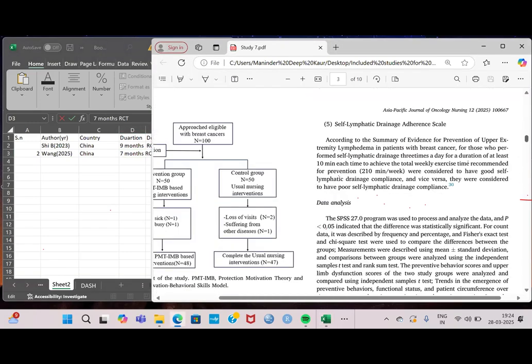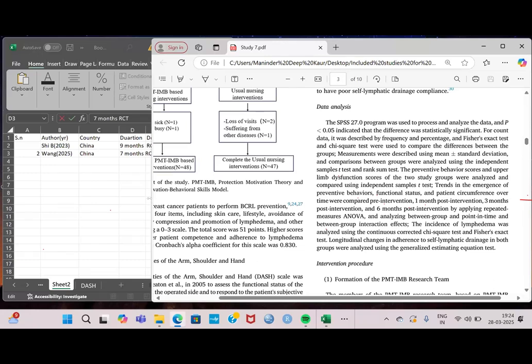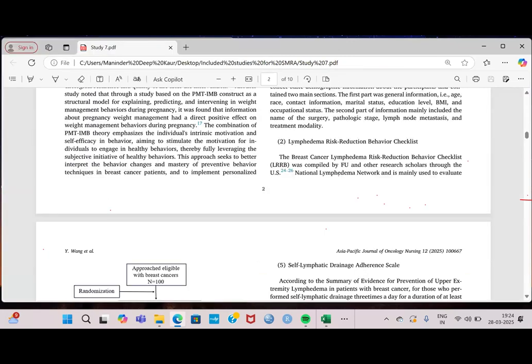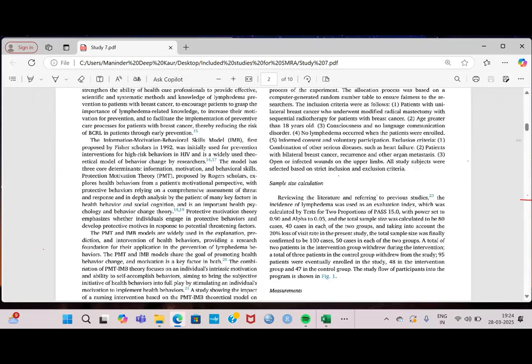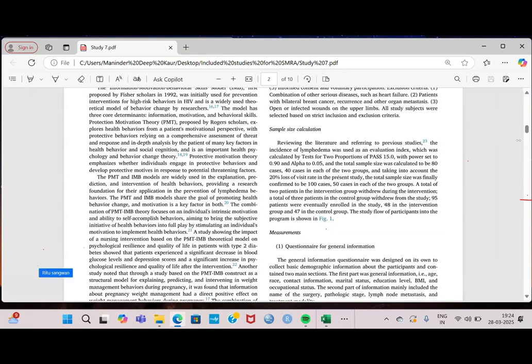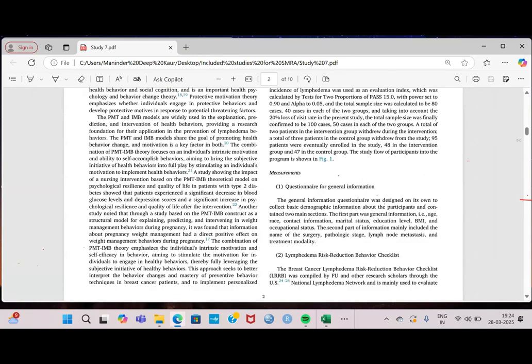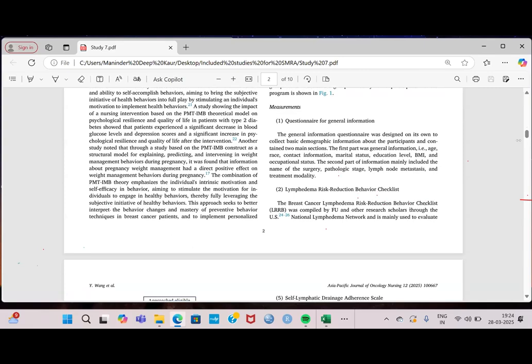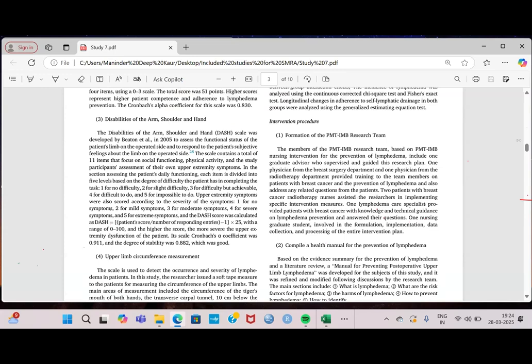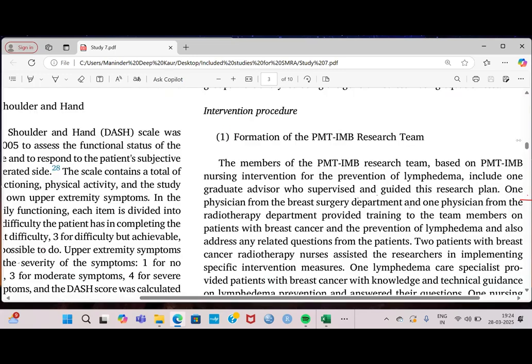I need to see that, whether they have given any description about the intervention. Sample size calculation is given, and the instrument they have used to assess the outcomes. Yes, see, intervention procedures.